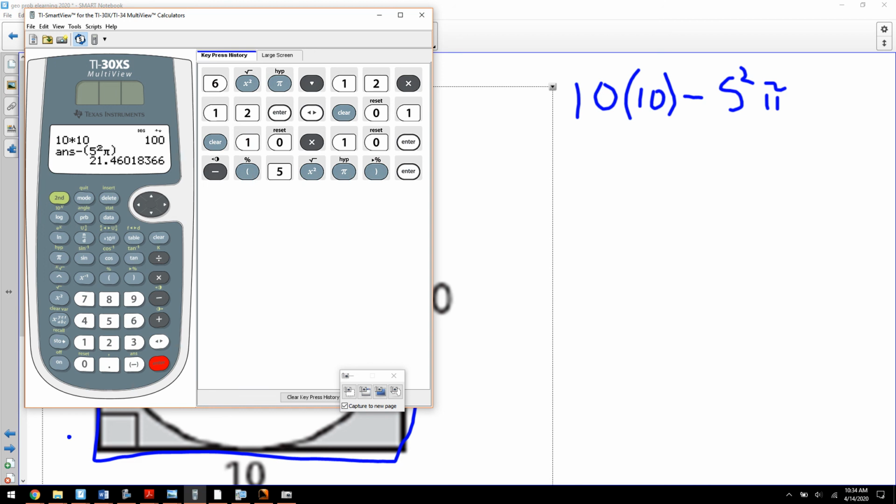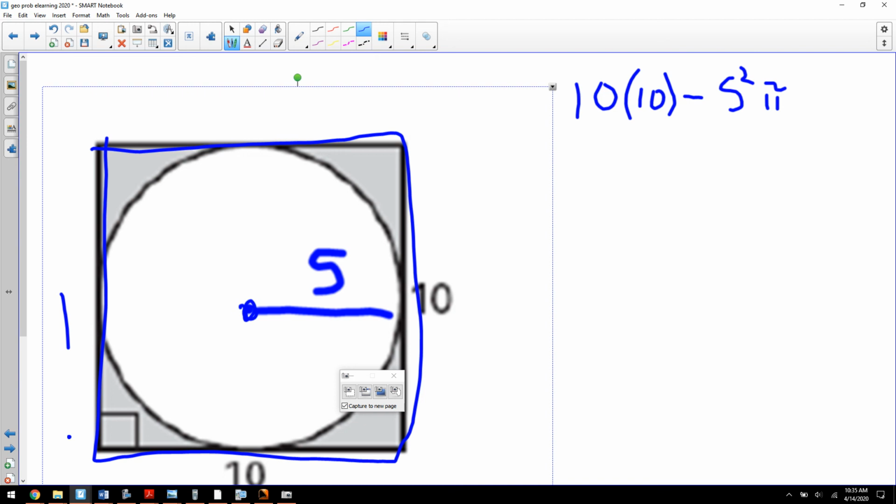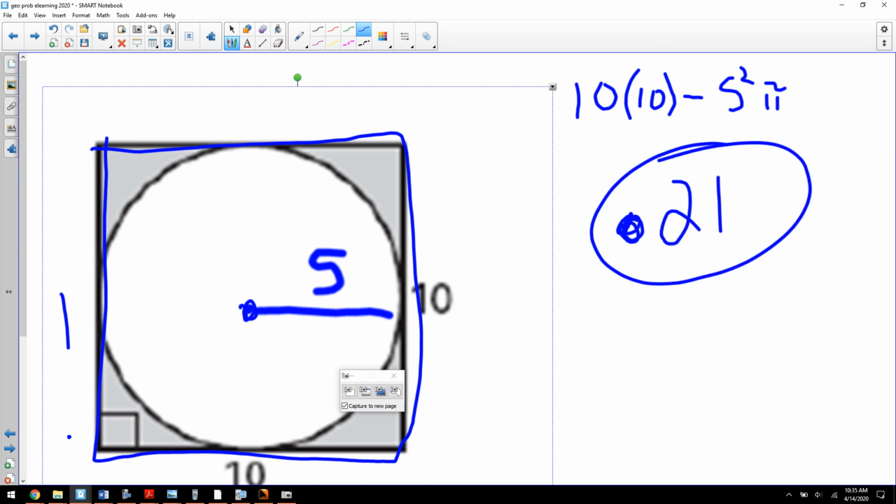We know that it has to be divided by the total area. The total area was the 100. So we just take this and divide it by 100, and you get some crummy decimal. Oh well, we'll call it 0.21 is the geometric probability on that one.